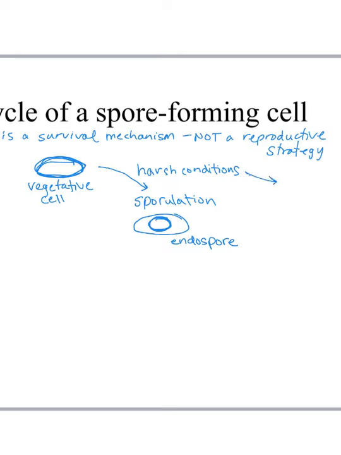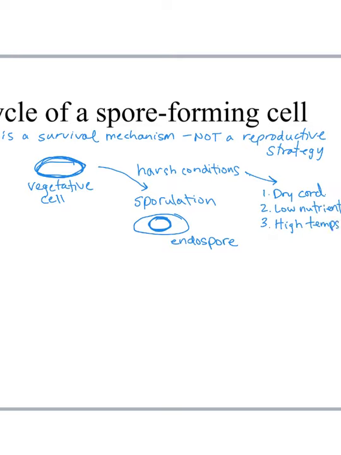Some examples of harsh conditions might be dry conditions. Bacteria don't like to dry out. Low nutrient availability, that can certainly pose a survival risk. High temps, usually not low temps.